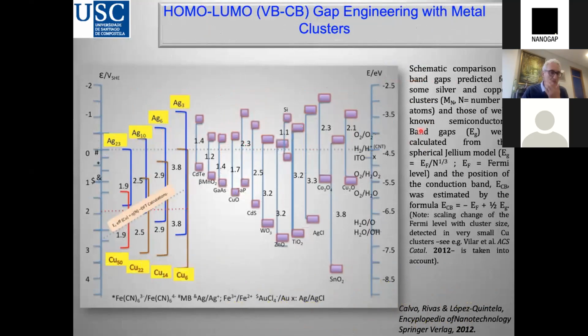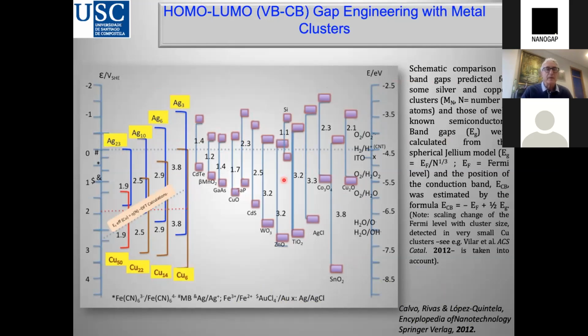So this is a picture in which, for example, by changing from a silver 3 atom to a silver 6, this very simple approximation of the Jellium model, in which we only characterize by the position of the HOMO-LUMO, you can see that by changing the size of the cluster, by changing the metal, you can approximately span all the different behaviors that the semiconductor has.